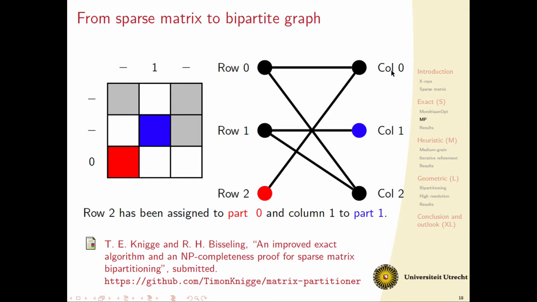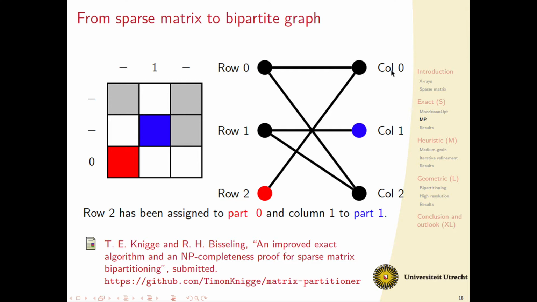So here you see that we've decided to have the last row red, and the middle column blue. That's the decision we've taken. And on the right, you see a graph. So the vertices to the left represent the rows, vertices to the right represent the columns, and there's an edge between a row and a column if there is a non-zero in the matrix at the corresponding place.